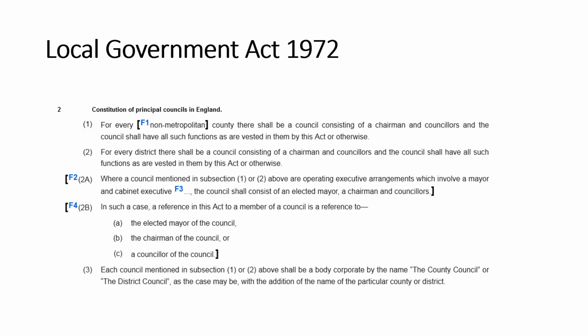Well, because they work for a council, which is now a corporation, they have no allegiance to you. They only have allegiance to the council and therefore the shareholders, and to make profit. Now under section 2, where it says 2B, in such case references in this Act to a member of council are references to the elected mayor of the council.